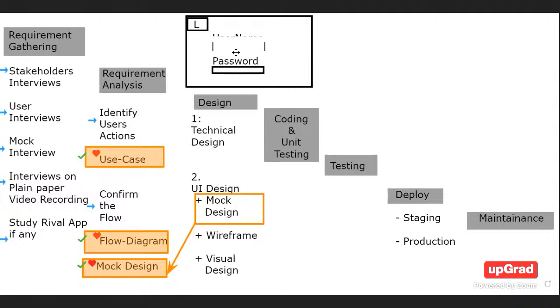Let's put this somewhere over here, this way. And you can convey to the user, now after this there will be a login button that we will have out here, a simple login button.